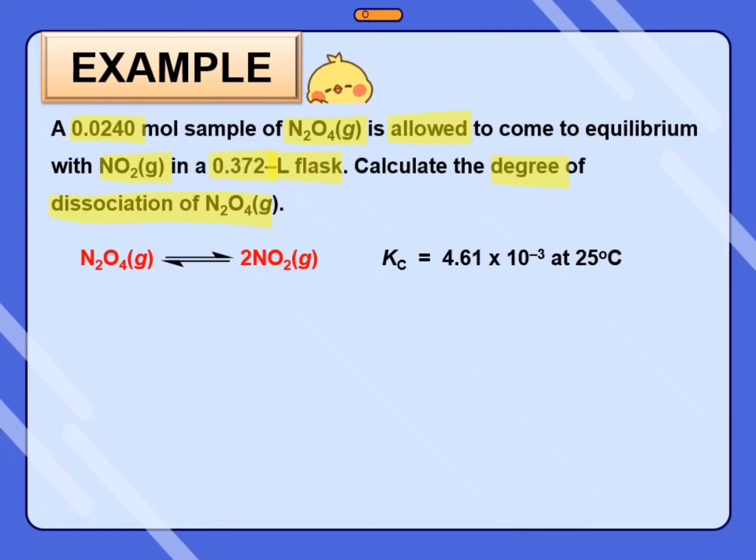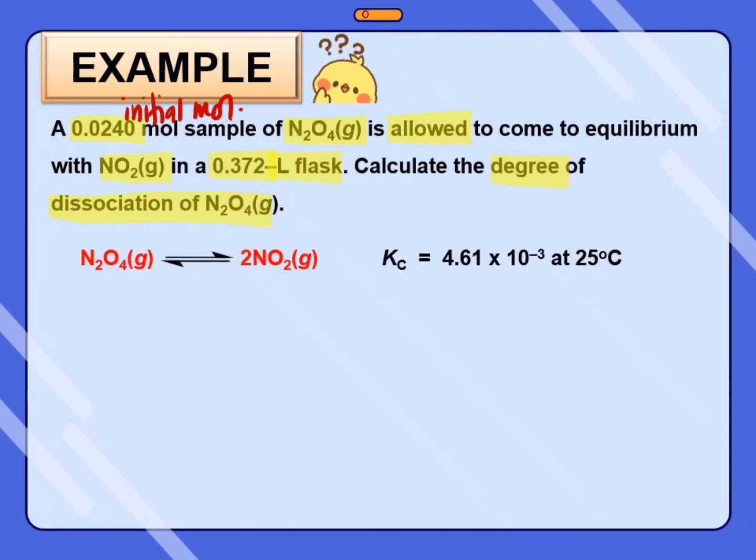So, you can see here, the information given is the number of moles of reactant allowed to come to equilibrium. It means that this number of moles is the initial mole. See? Initial number of moles. It means it is just about to achieve equilibrium.